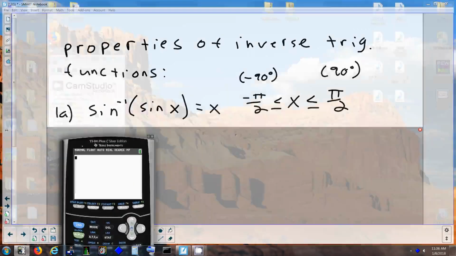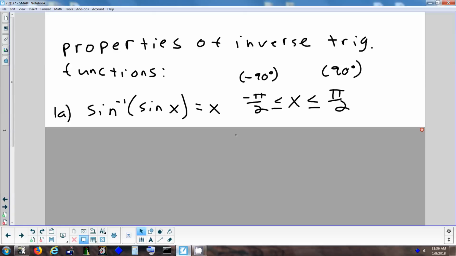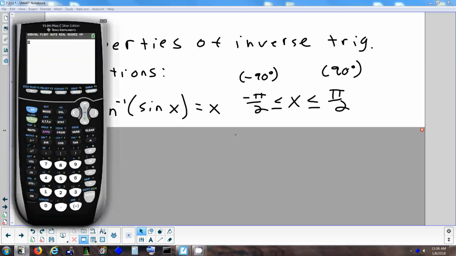So I'm going to take the inverse sine of the sine of 3. And when I hit enter, what should I get? 3. And I do. I get 3. So inverse sine and regular sine canceled out. Any angle between negative 90 and 90, that works.